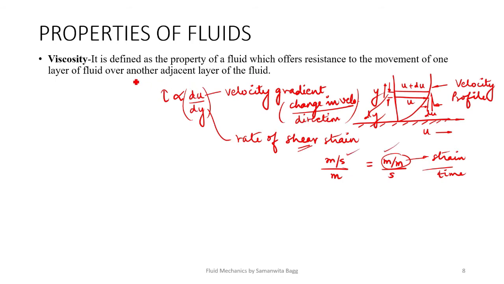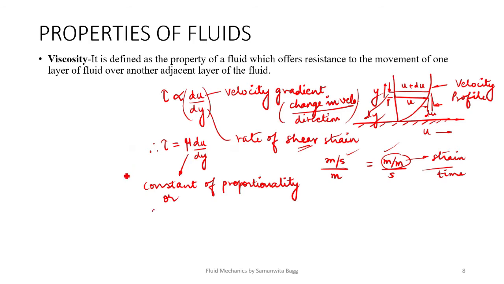Now, when I say in mathematics one term is proportional to the other, I can always remove the proportionality sign. So I can say therefore tau is equal to mu du by dy. This mu is nothing but constant of proportionality according to mathematics. Also, we can call this as coefficient of viscosity.